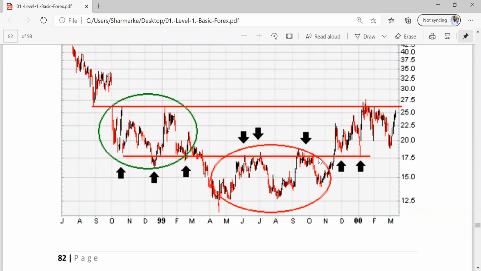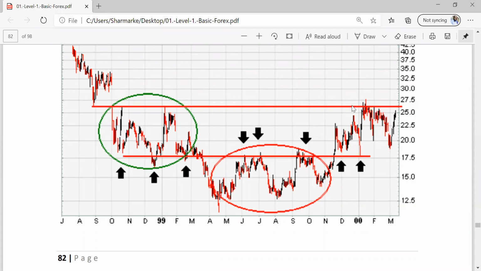And usually when the price goes up and hits here and then comes back. If you see all those reversal places, that is resistance. So usually this is how you can check the market: where will I get a support and where will I get a resistance?